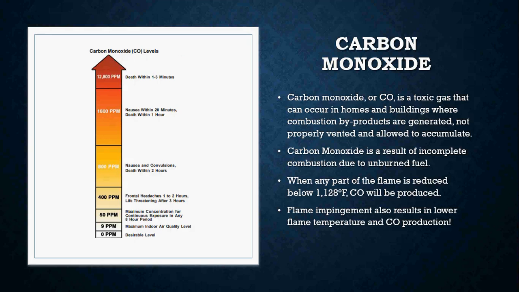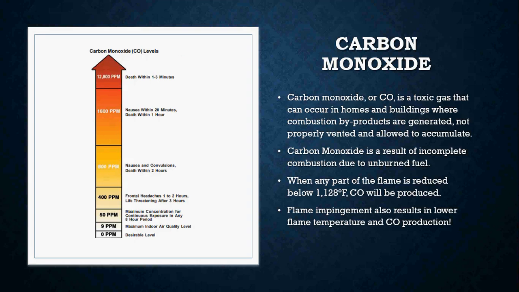It is really good practice to have a carbon monoxide detector in the vicinity of your oil-fired equipment, your furnaces and boilers. If there is any carbon monoxide buildup, that detector is going to go off before it reaches the rest of the home. It is really important that you put one in if you don't have one. We don't know it's there. We can't smell it. We can't see it.